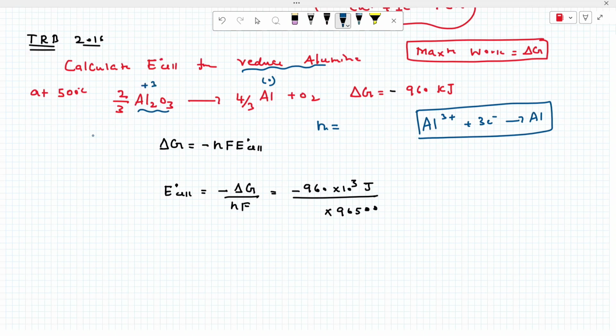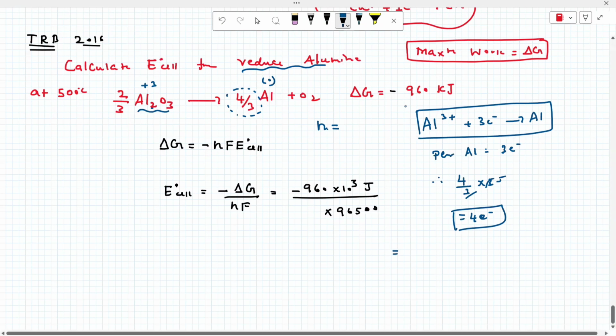How many aluminium are there in the reaction? 4/3 aluminium in the product. In the reactant, 2/3 of Al2O3 also has 4/3 aluminium. So for one aluminium, 3 electrons are transferred. For 4/3 aluminium, n equals 4/3 into 3, which is 4 electrons. So the n value is equal to 4. You got the point. Very simple.